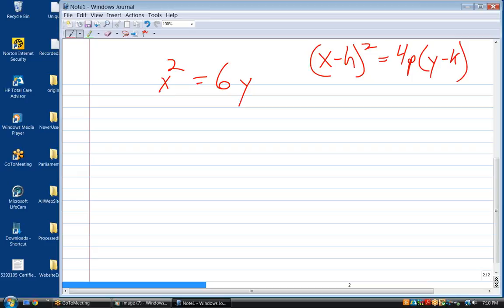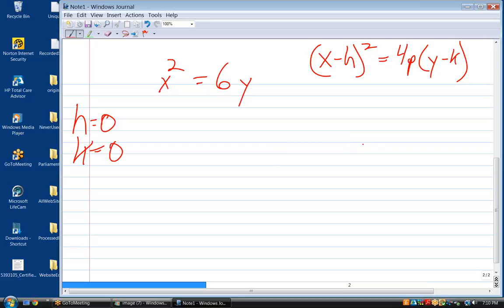So, in this particular instance, for this function, what is h and what is k? H and k are both 0, right? Right, and that's the vertex of the parabola.